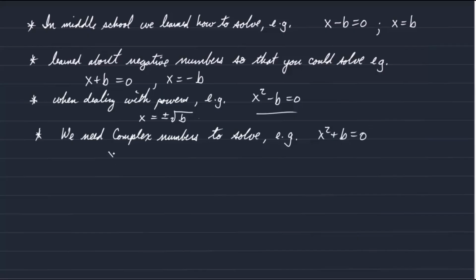And so that means x is equal to the square root of minus 1 times the square root of b, and the square root of minus 1 is defined as i, or i is defined as the square root of minus 1. The triple bars here mean a definition.